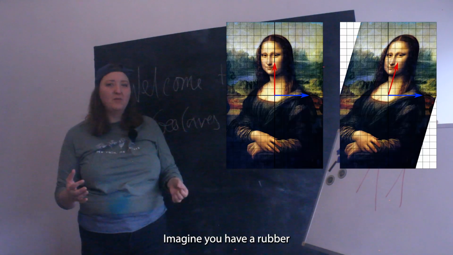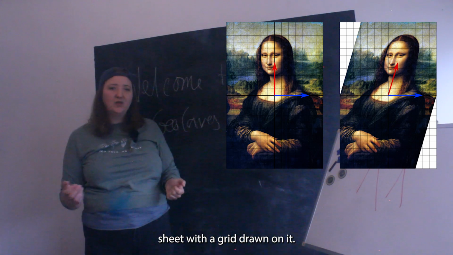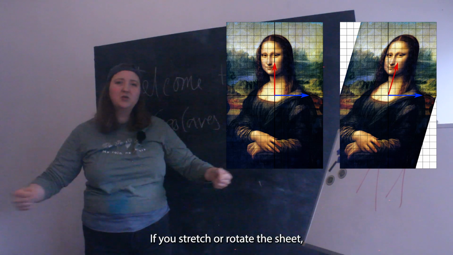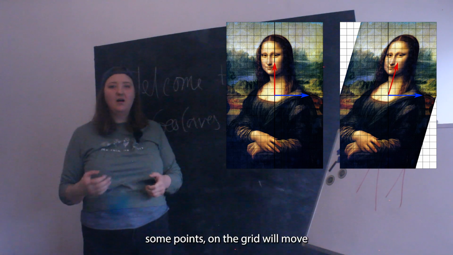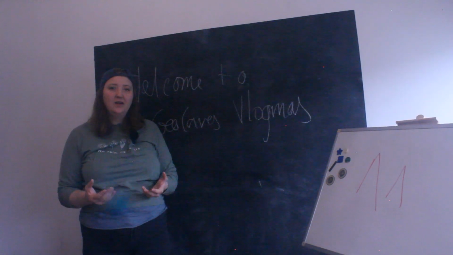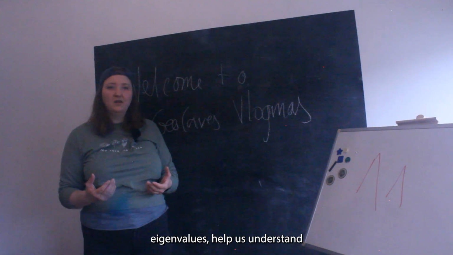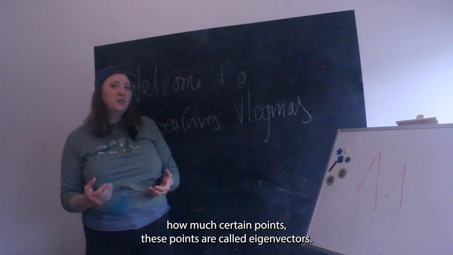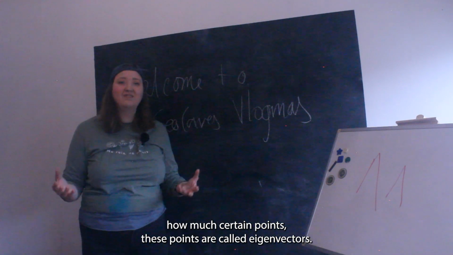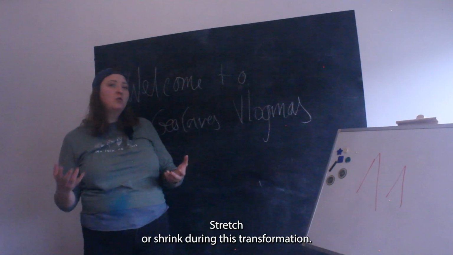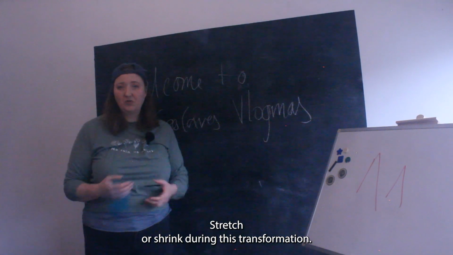Imagine you have a rubber sheet with a grid drawn on it. If you stretch or rotate the sheet, some points on the grid will move. Eigenvalues help us understand how much certain points, these points are called eigenvectors, stretch or shrink during this transformation.